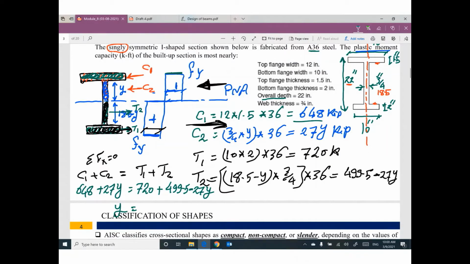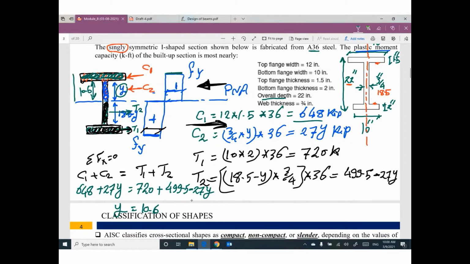What is the value of y? 720 plus 499.5 minus 648, divided by 27 two times: 10.6. So this y equals 10.6.